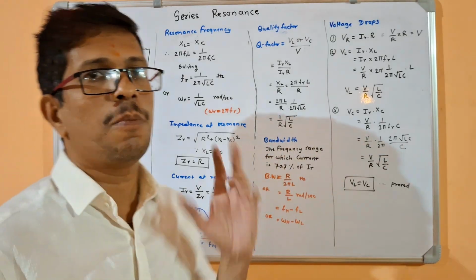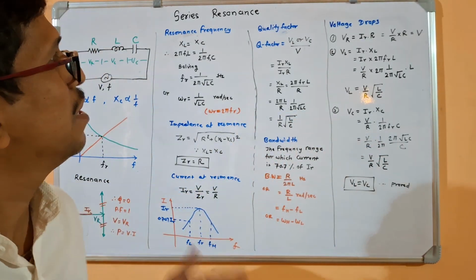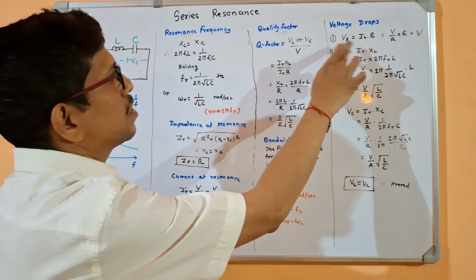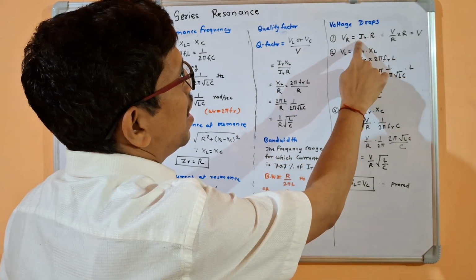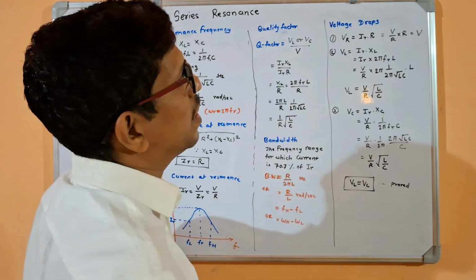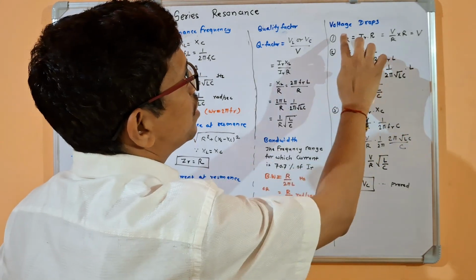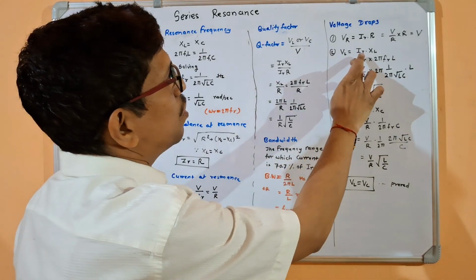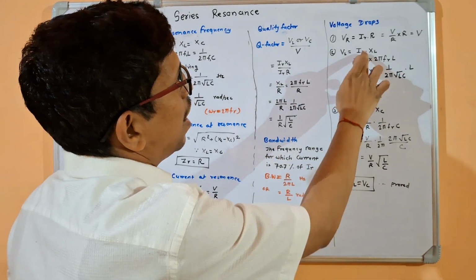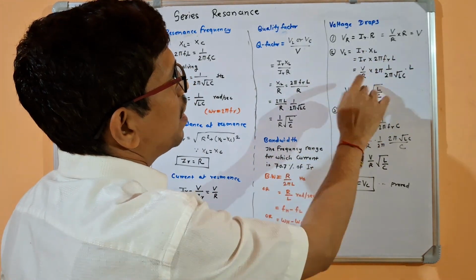Now voltage drop across each element at resonance. So across resistance VR is equal to IR into R. But what is IR? V by R. So R will get cancelled. We will get supply voltage is equal to resistive voltage drop. VL is equal to IR into XL, IR into 2 pi FRL. But what is IR?